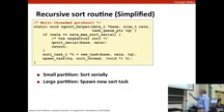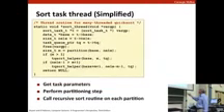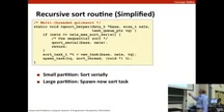It says, okay, if this is a small enough block of elements, I'm just going to call my serial quicksort to do it. Otherwise, oh, it's a little bit messier than this. Otherwise, it's going to spawn a task to do the sorting. Let's see, I was a little mixed up.